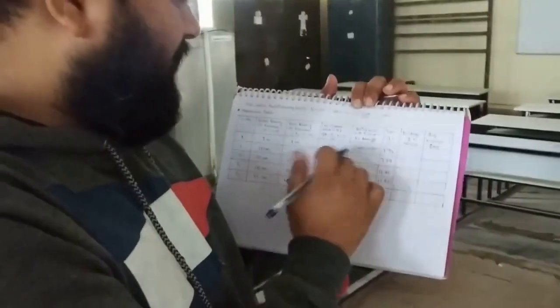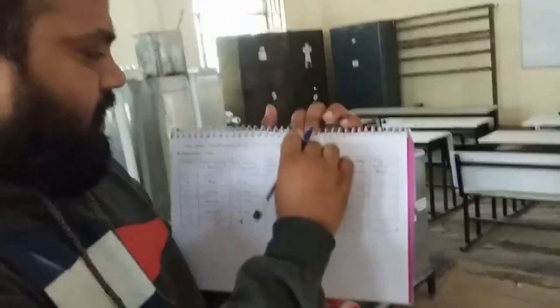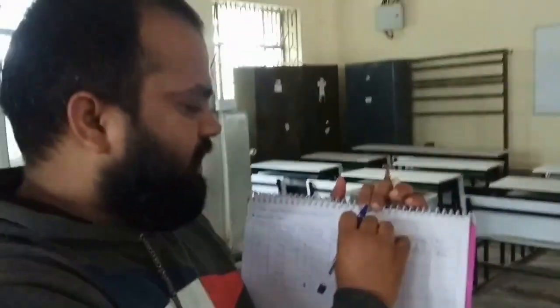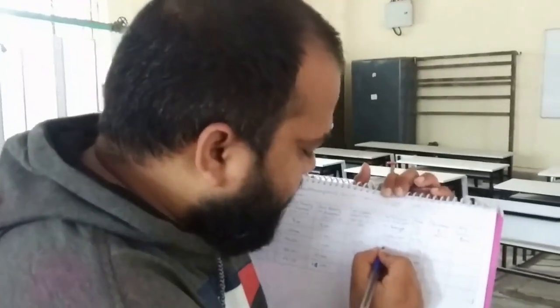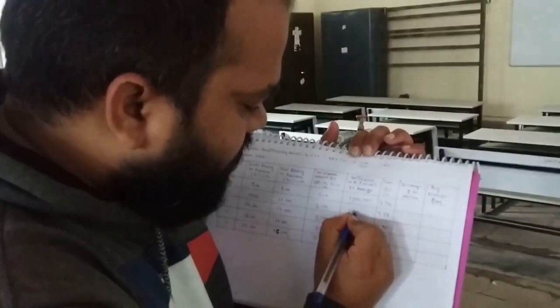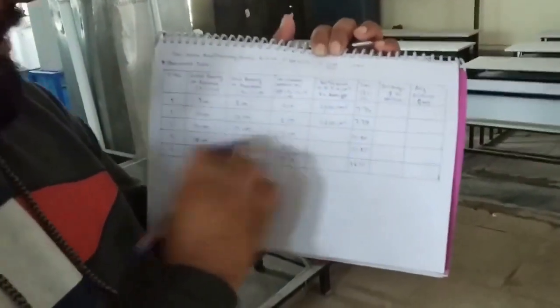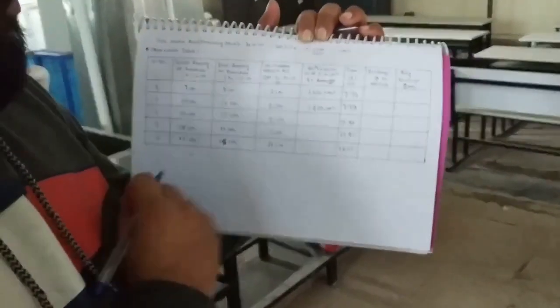Similarly for the second answer, I hope you are calculating easily. The cross sectional area is 1200 and similarly 2 centimeter. This volume is the same for the second observation. Then calculate for the third observation how much volume in our measuring tank.